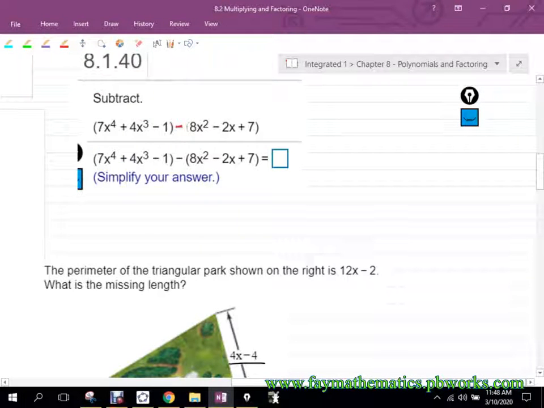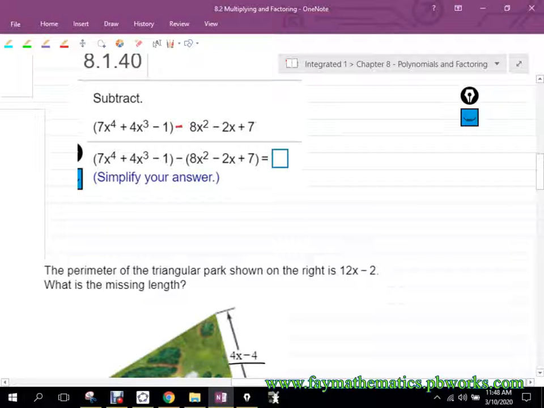So when I get rid of that parenthesis, the negative gets stuck to the 8x squared, right? But when I get rid of that parenthesis, I get rid of this one as well, and I actually end up removing a 2x, which if I would have distributed correctly, I should have added a 2x. And I end up adding 7, but if I would have distributed correctly, I should have subtracted 7. So you can't just get rid of those parentheses and do what's there.